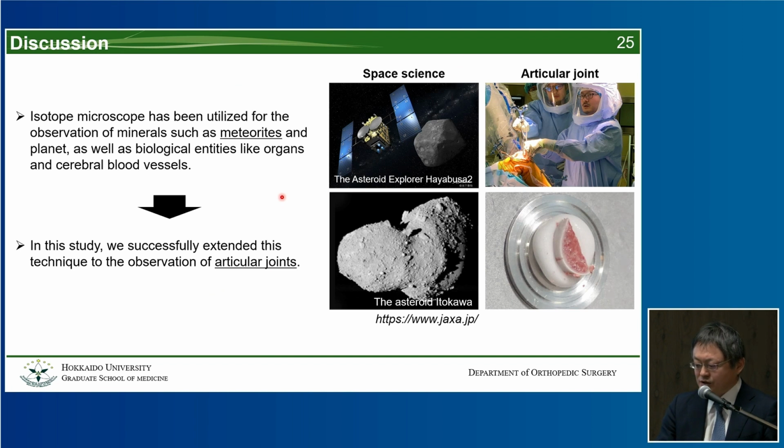So in discussion, the isotope microscope has been utilized for the observation of minerals such as meteorites and planets. In this study, we could successfully extend this technology to the observation of articular cartilage.